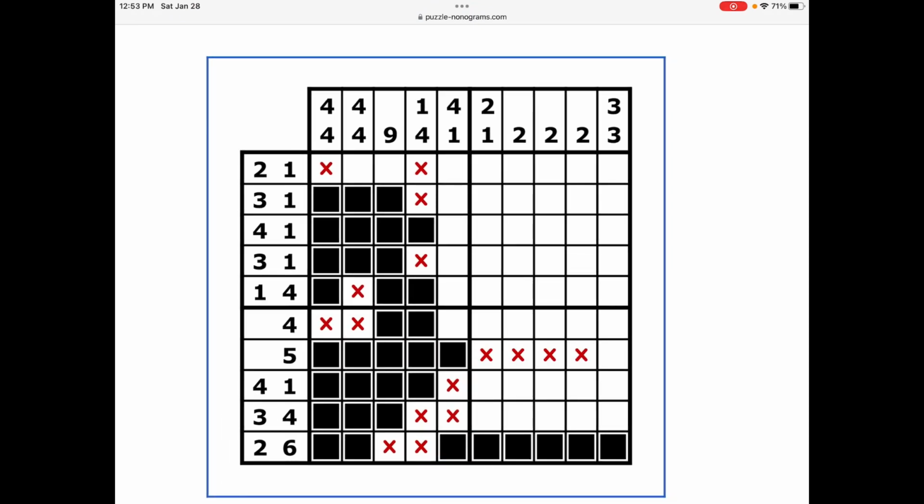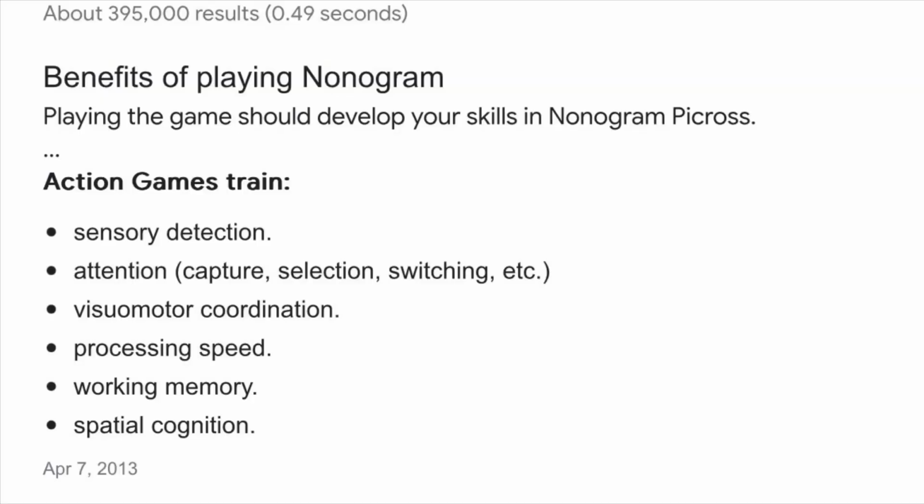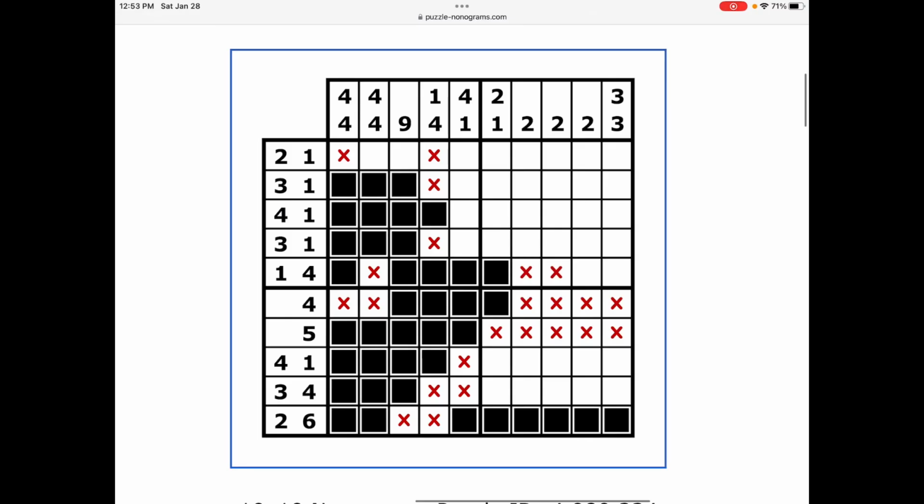The nonograms aren't really practically useful, but they do help you develop certain skills in your brain. So your logical reasoning and spatial awareness are tested by this grid, but it's really not used for anything physical because, I mean, the most you can do is send like a smiley face with it. So basically what I'm saying is this is more of a mental challenge than a practical use puzzle.